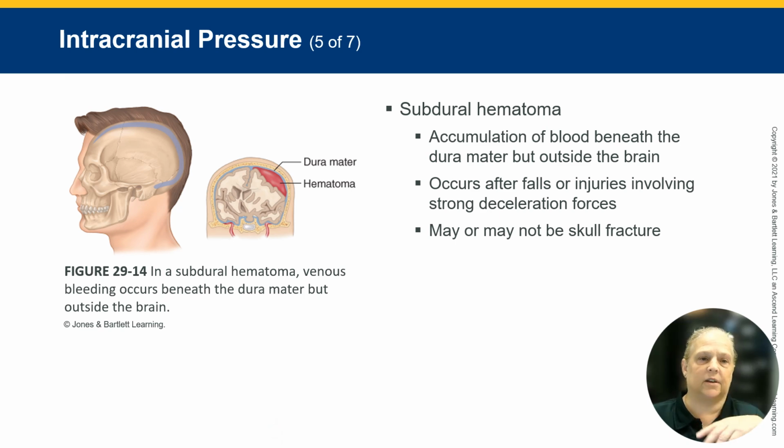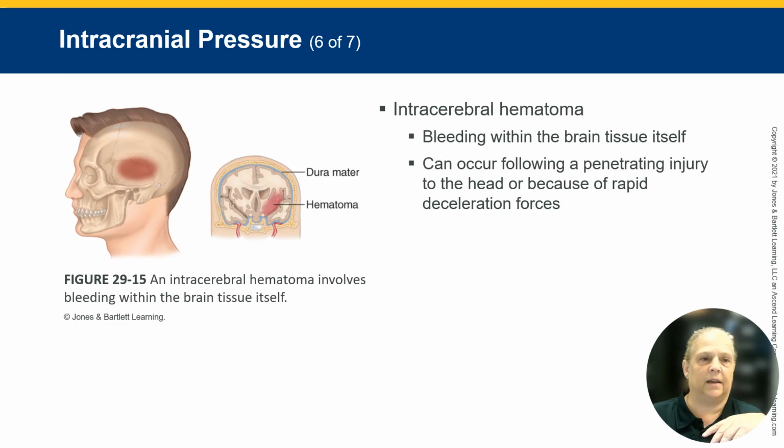Okay, usually that's going to be a fall or deceleration force. They have a sudden stop. There may or may not be a skull fracture with this one. And then we have the intracerebral hematoma, which is bleeding inside the brain.